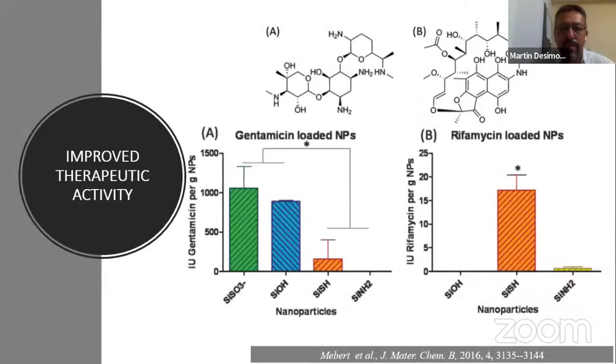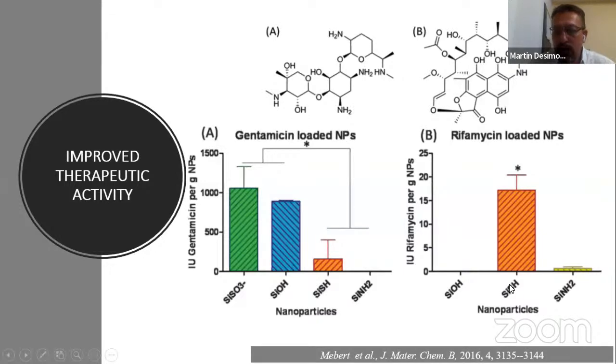Especially in the biomedical field, we can design nanoparticles with the properties required to transport different antibiotics. For example, in this case, we prepare nanoparticles with sulfonate groups or silanol groups that are more advantageous for the delivery of this antibiotic, gentamicin.